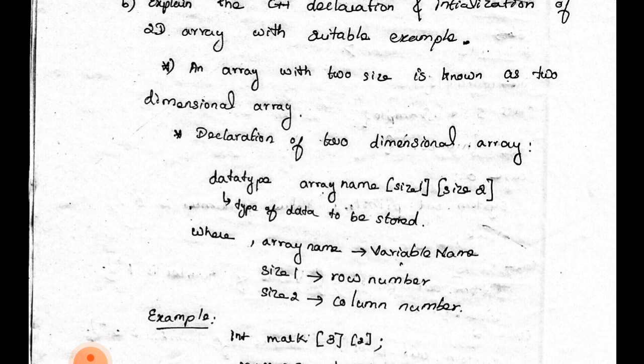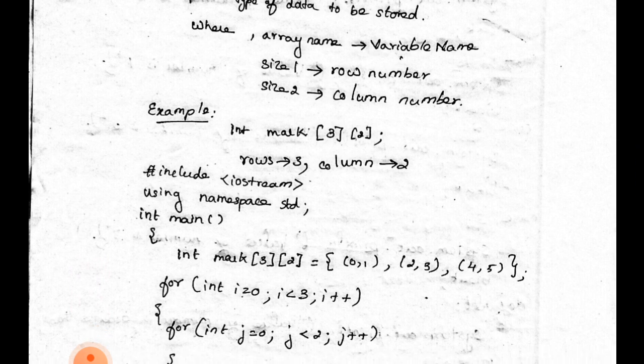Here array name means variable name. Size 1 represents row number, size 2 represents column number. For example, int mark[3][2]. Here int is a data type, mark is an array name. 3 means row size is 3 and column size is 2.